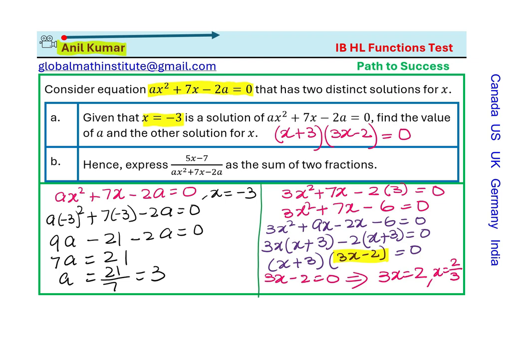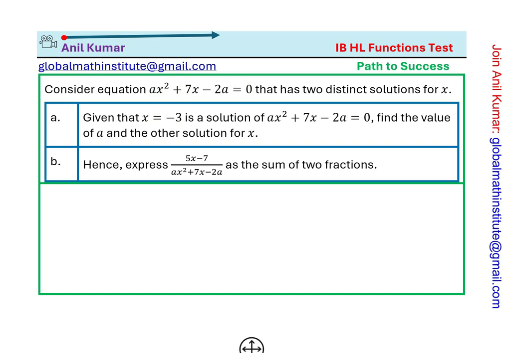Now we come to the second part where we are given 5x minus 7 over ax squared plus 7x minus 2a, the same quadratic expression. We need to split it into two fractions. Let us see how do we do that. Right, so I'll copy the solution there on the next page and then we'll continue, correct? So x plus 3 and 3x minus 2 are the two factors.